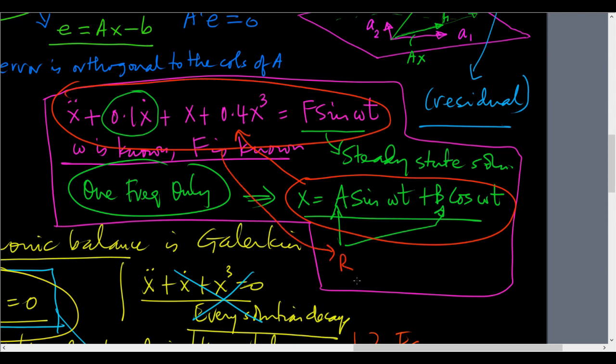I take the dot product of r with sine omega t, dt from 0 to 2 pi over omega, set it equal to 0. That's like pulling out just the sine omega t term. Similarly, I do another one, with cos omega t dt from 0 to 2 pi over omega, equal to 0. These are my two equations.